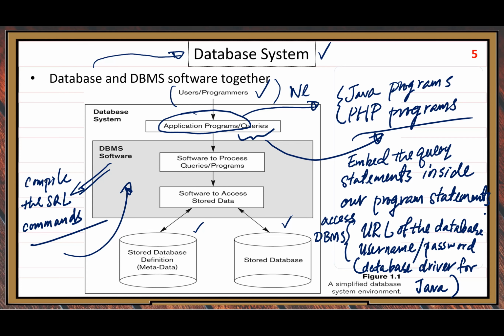The database definition, that part, the left cylinder and right cylinder, are in two separate locations. But we don't need to know, right? We as programmers, we just send commands and we see the results. That's what we need.